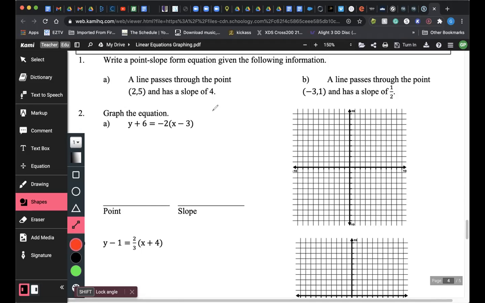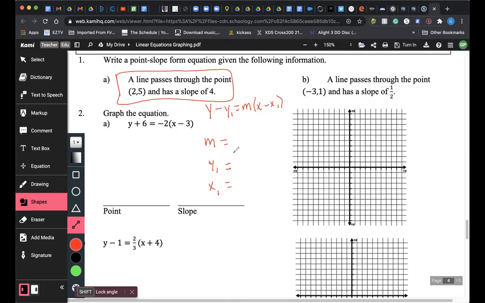In order to get that equation, I have to use my formula: y minus y1 is equal to m times x minus x1. But I have to identify my parts. So what's my m? What's my y1? And what's my x1? Does anybody know any of these parts?